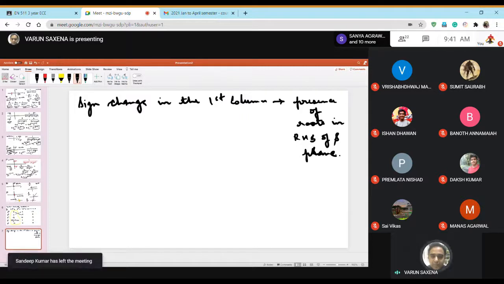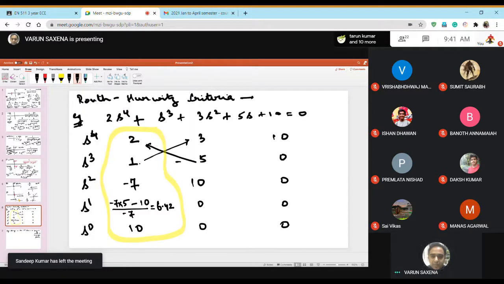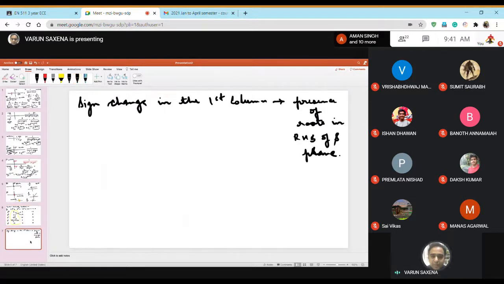Okay, and then you see that there is a sign change here from positive to negative, and then there is a sign change here from negative to positive. So there are basically two sign changes.